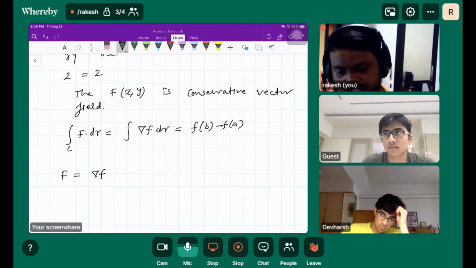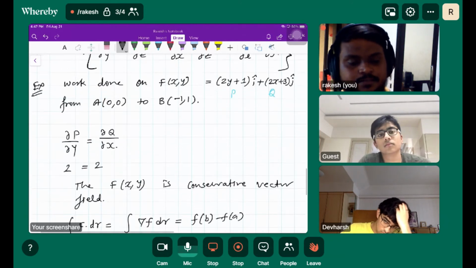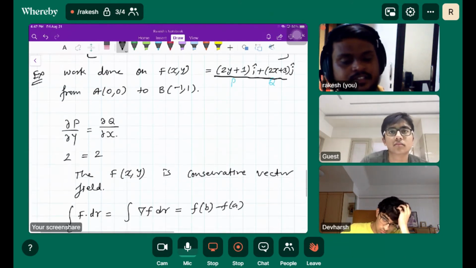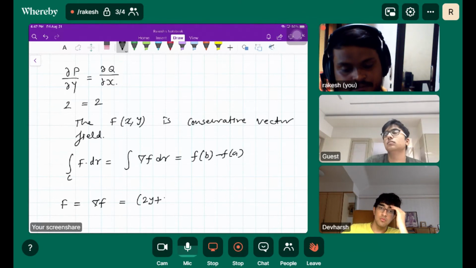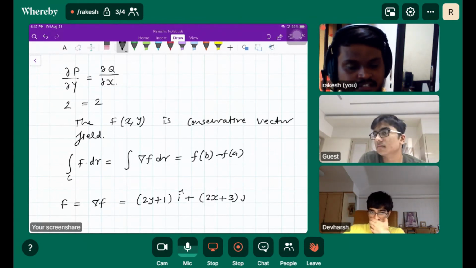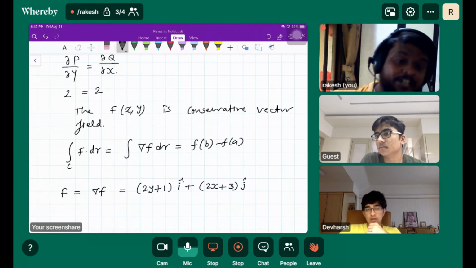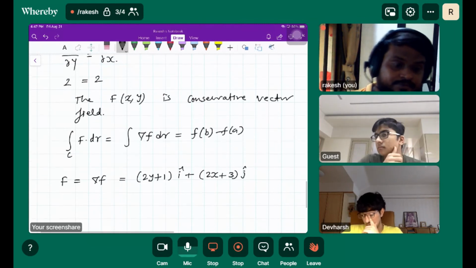Now this del f, since f is this vector field, is 2y plus 1 i cap plus 2x plus 3 j cap, isn't it? It should be equal to the gradient of that function.